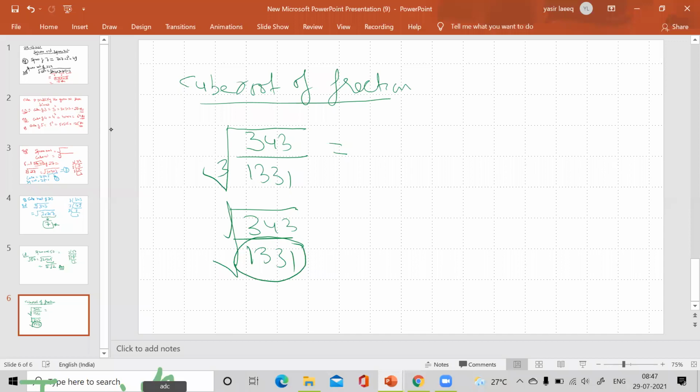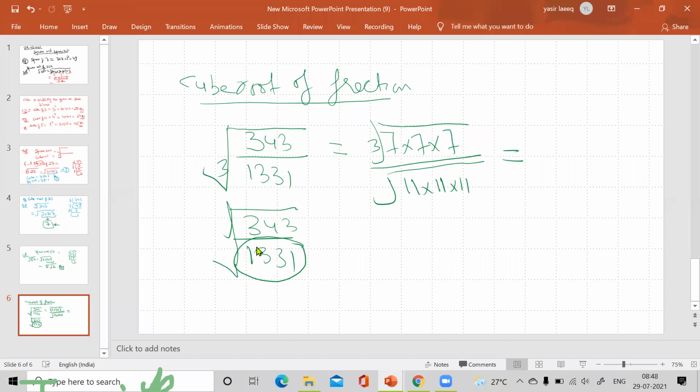So how will you solve it? 343 I found on the previous slide like this. We separately find the cube root. And for 1331 it is 11 into 11 into 11. I am writing with steps.